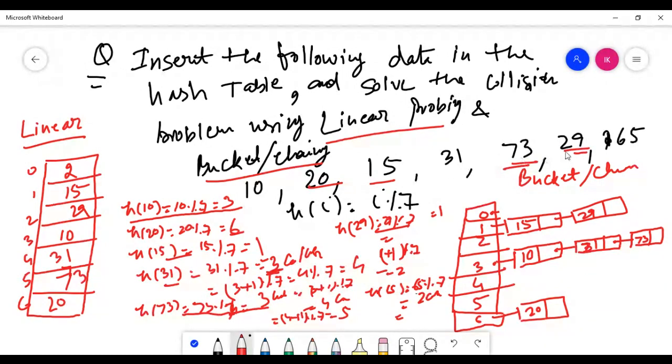Okay, next one 65. Where does 65 come? 65 modulo 7 comes at 2, here. That's it. And at the end, just close with null. That is the answer.